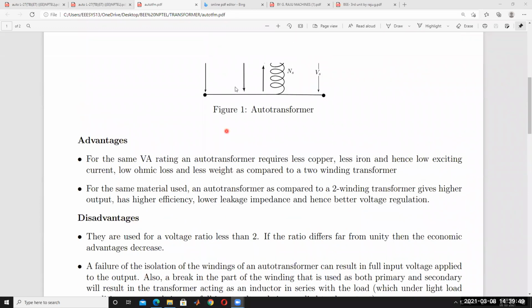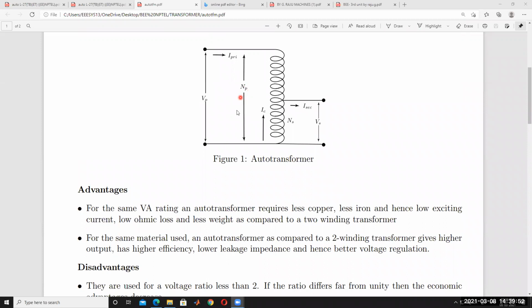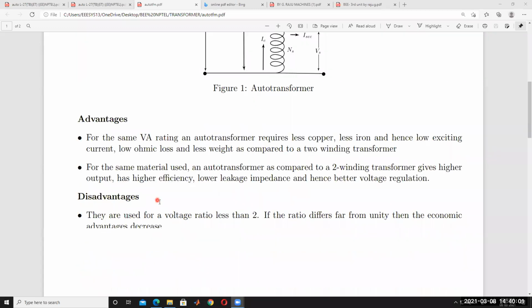Only one winding is used, and we take the output from part of that one winding. If the insulation fails, whatever the input voltage is, the complete voltage appears across the output side. If any insulation fails, the complete input voltage equals the output voltage.